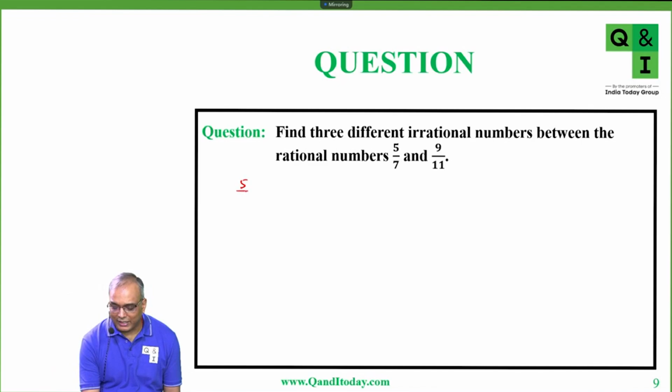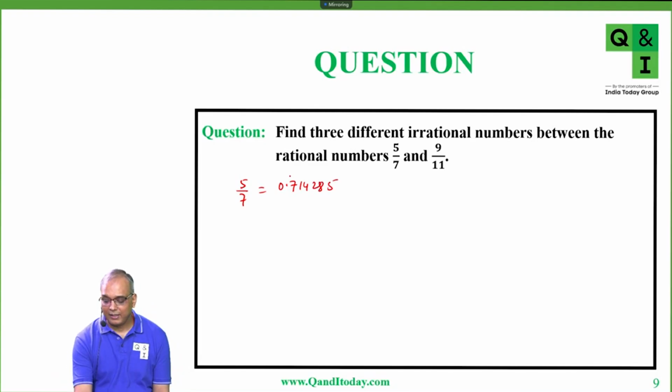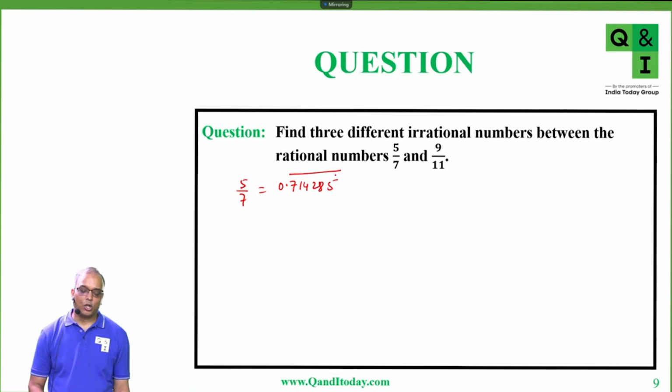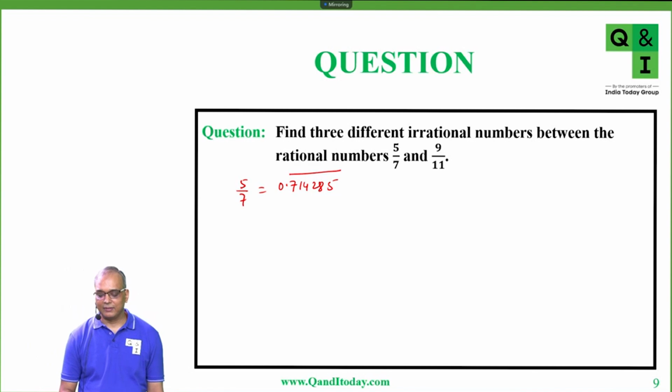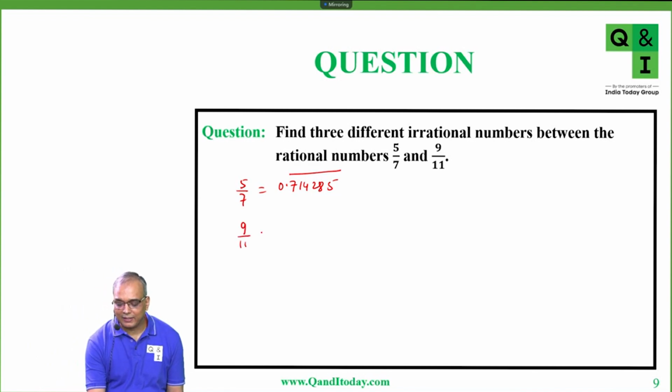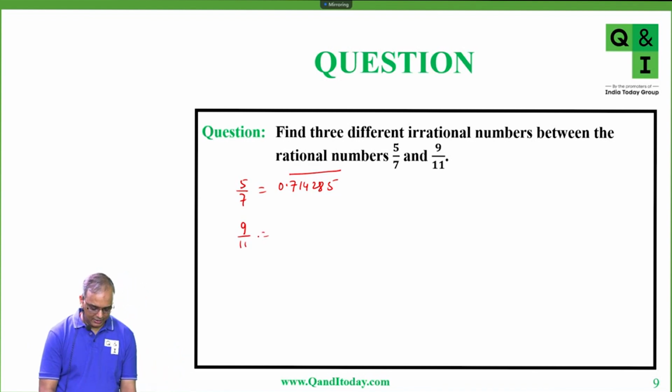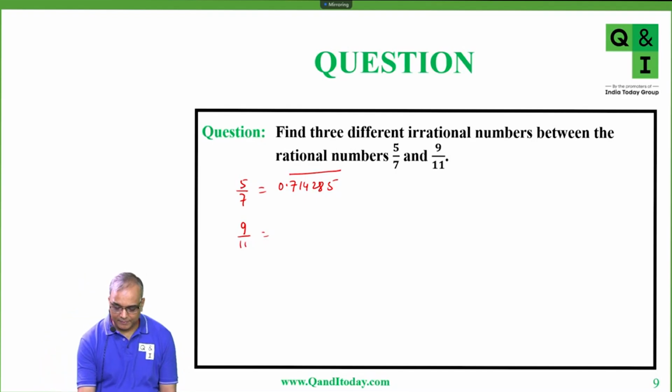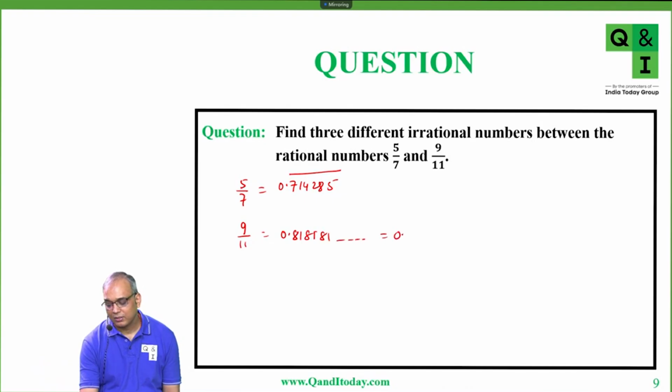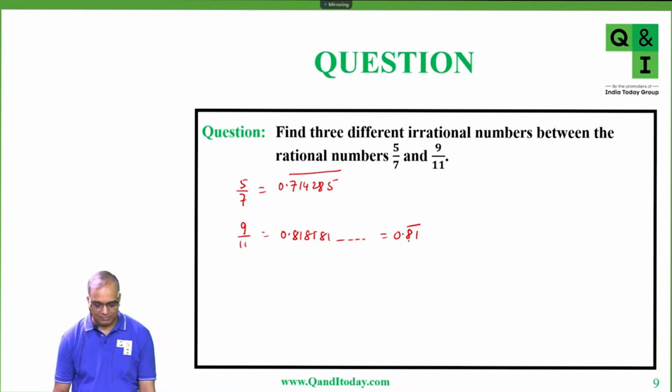We know that 5 by 7 is equal to 0.714285, and this is non-terminating and recurring. There will be a bar over 714285. 9 by 11 can be written as 0.81, 81, 81, and so on, which is 0.81 bar.